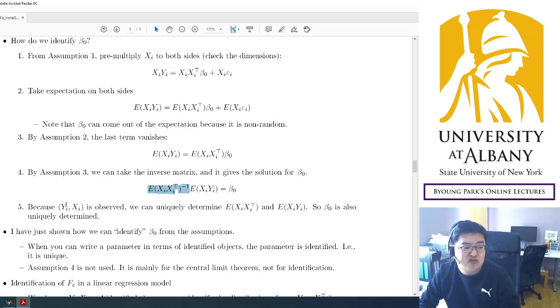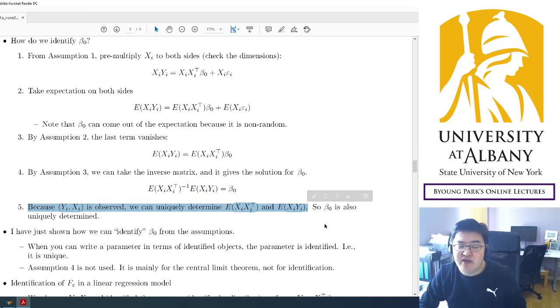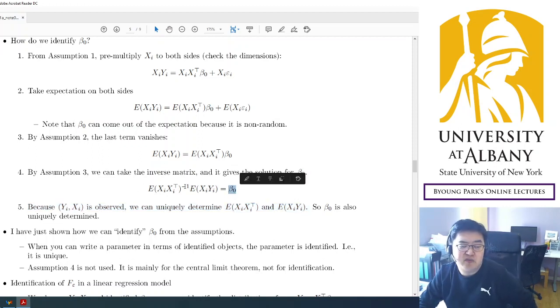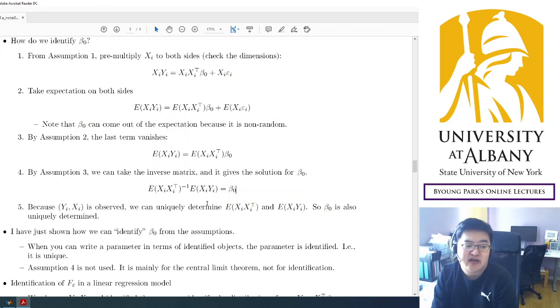So the infinite number of observations can uniquely identify the expected value, so it's obvious. Once you have these two terms uniquely determined, then beta is also uniquely determined by multiplying them. So beta is unique. That's how we prove identification.